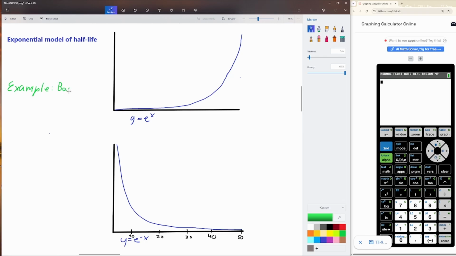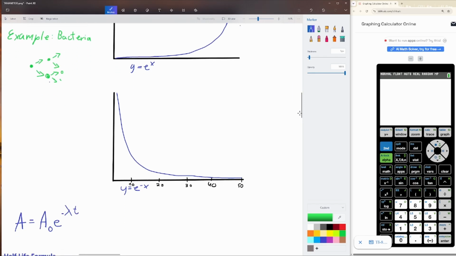Bacteria's growth is known as an exponential function. Why? Because if you have one bacteria and it infects another bacteria, and then this infects other bacteria, it's like an exponential disease in this case.